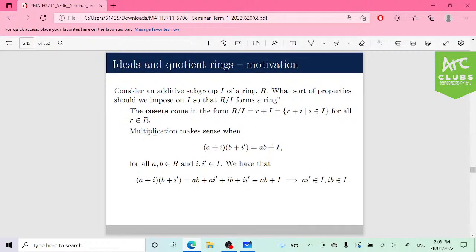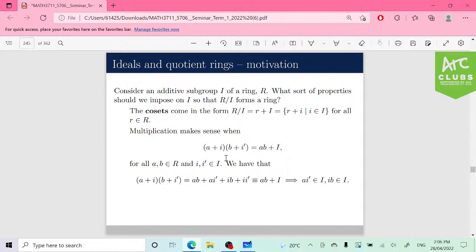Now, we're going to impose some conditions on multiplication for it to make sense. If you take two cosets and multiply them together, you should get another coset in this form. You take a representative of R, which is A, and a representative of R again in the form of B, and you consider what happens when you multiply these two cosets together.